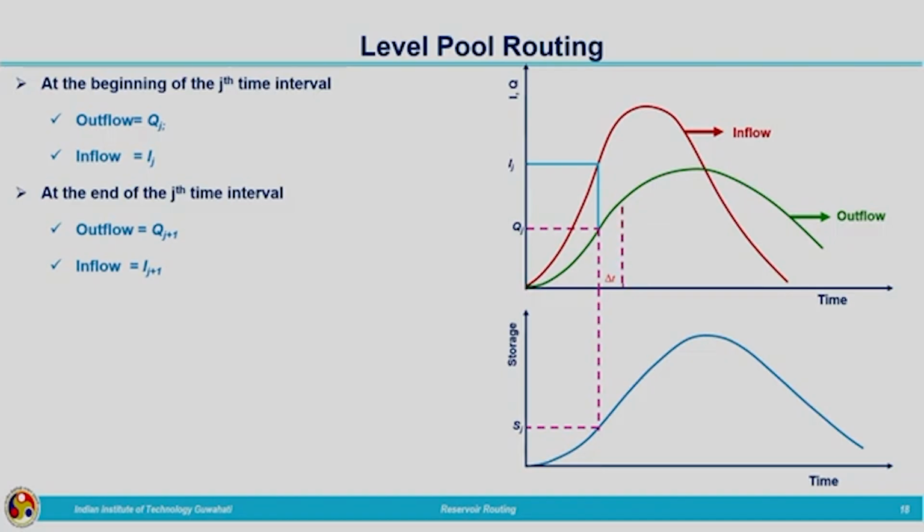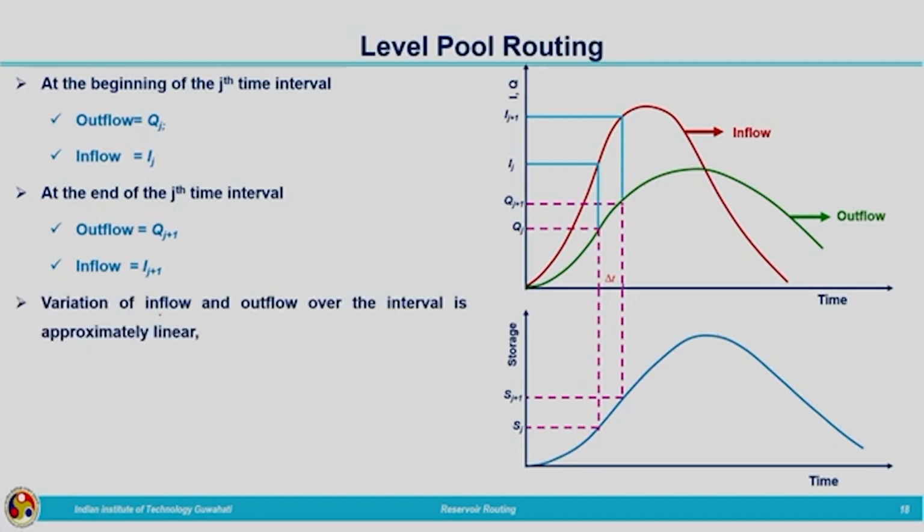That can be marked like this, qj plus 1 and ij plus 1, corresponding storage is Sj plus 1. So, these are the different terms which we are going to make use of for converting the previous integral equation.